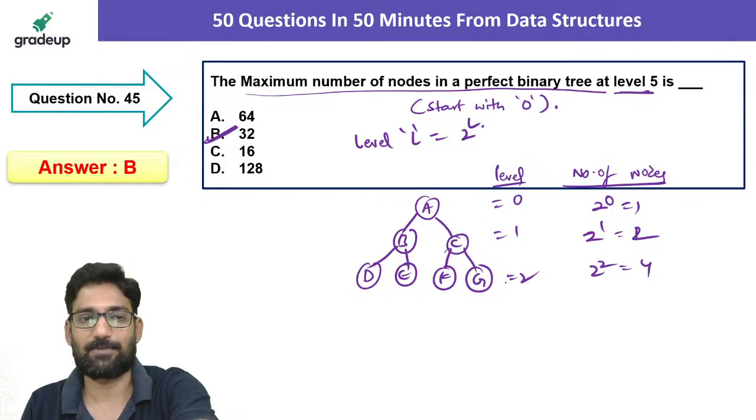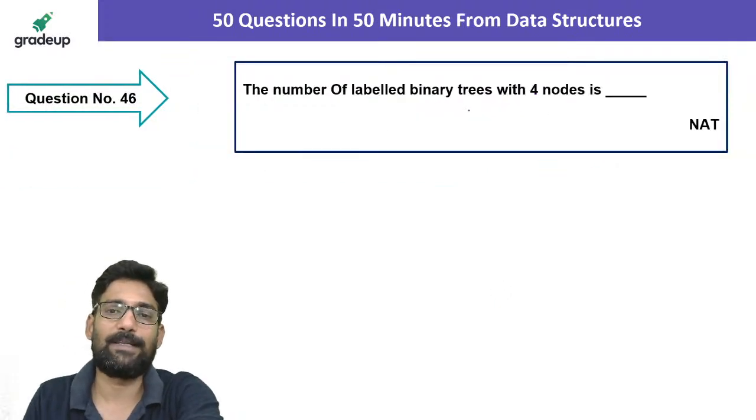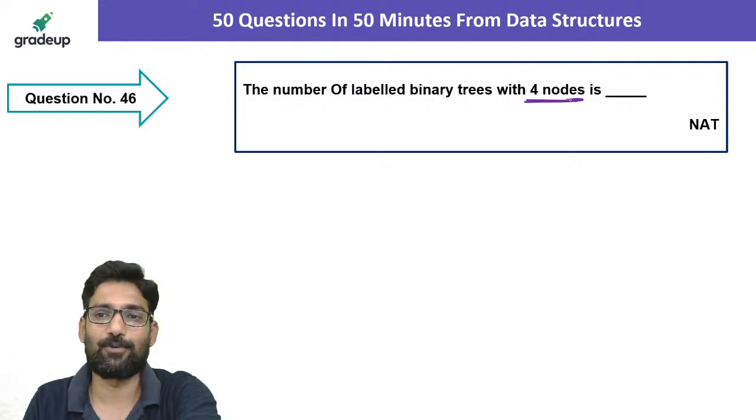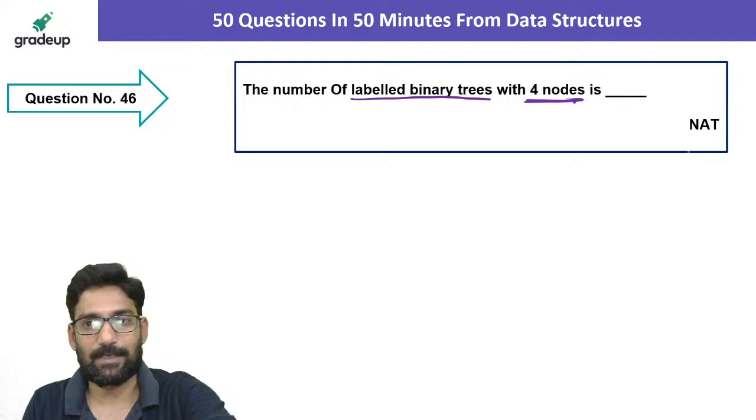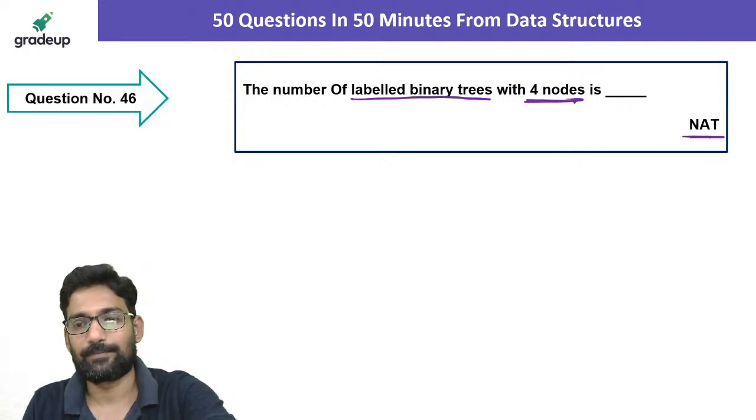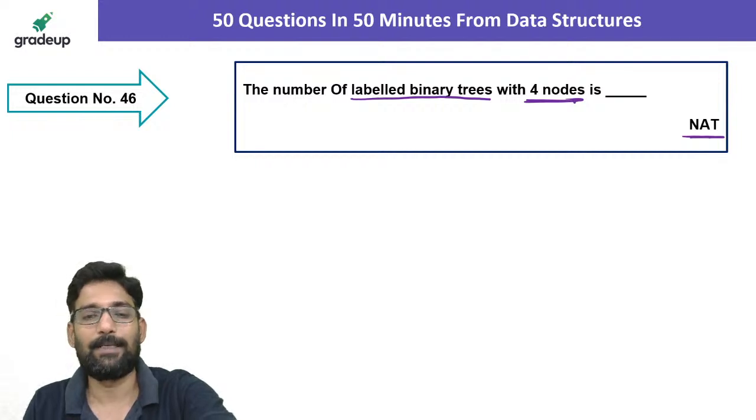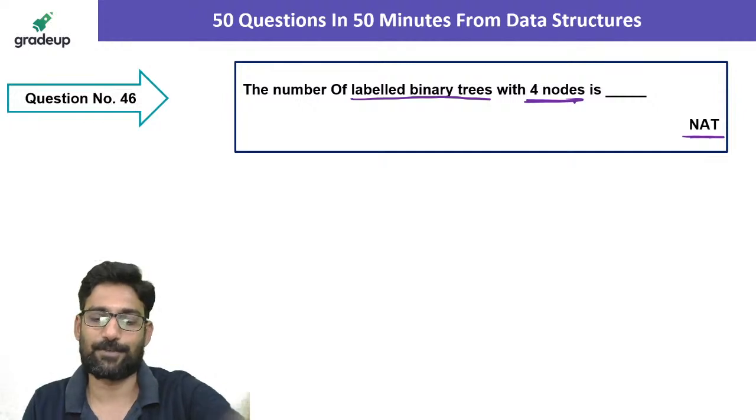Okay? Next question. The number of labeled binary trees with 4 nodes is, and it's a numerical answer type. Labeled binary trees with 4 nodes.